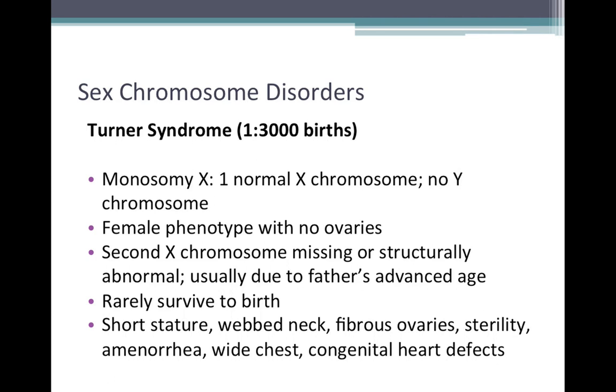And again, Turner syndrome could come about if the sperm never carried a sex chromosome. So let's say you had a sperm that only had 22 autosomes but didn't carry an X or a Y chromosome. If that sperm fertilized the egg, what you end up with is a zygote with only one X chromosome, which was supplied by the mother because the father's sperm never brought an X chromosome to the egg.